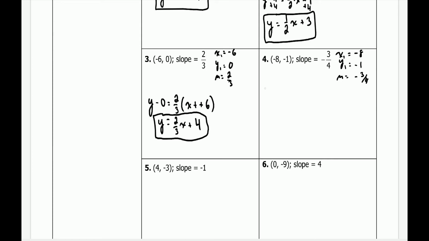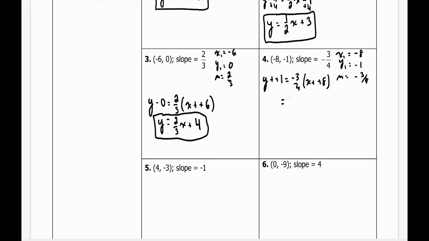Using the formula, we have y minus negative 1 is equal to negative 3/4 multiplied by x minus negative 8. Let's go ahead and simplify this. So if you're subtracting a negative, it's the same thing as adding. Okay.